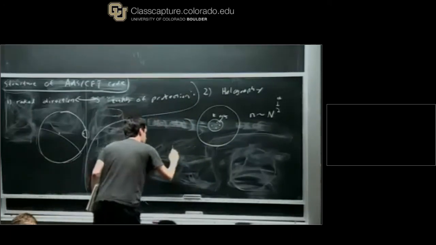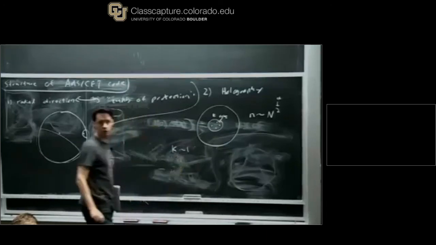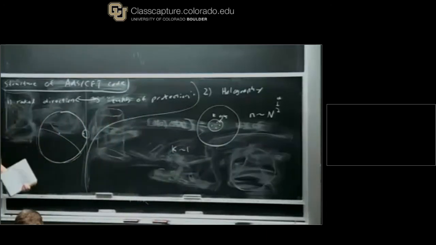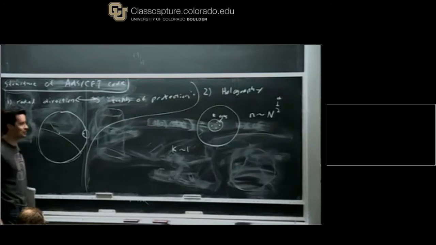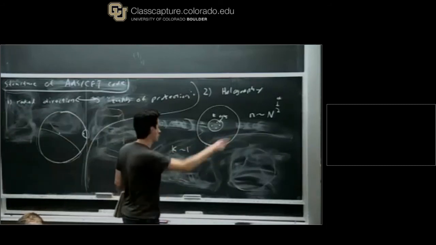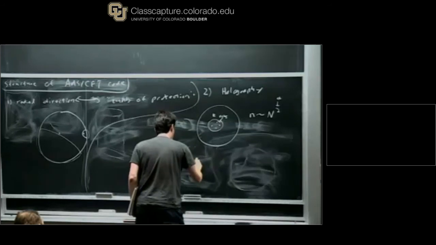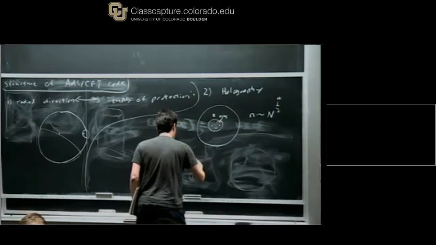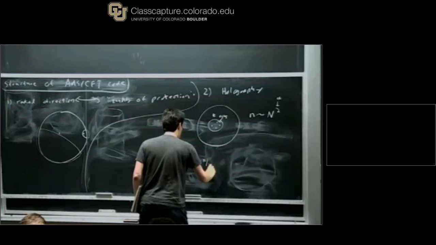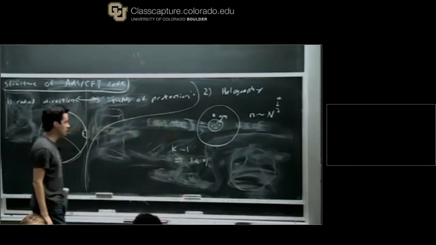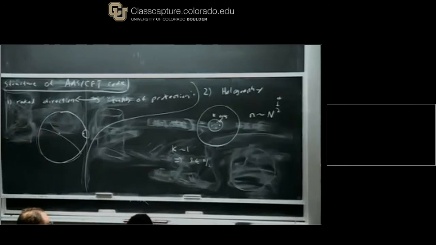So now first let's consider the case where K is order 1. So we have a small code subspace. We just act with a few operators, nothing too fancy. Then what that inequality tells us is that L, the erasure, has to be less than or equal to n over 2. So it says that we can erase at most half of the degrees of freedom, but not more.